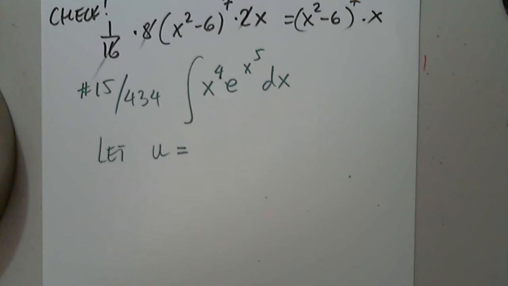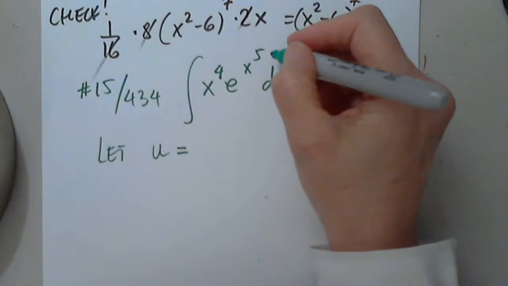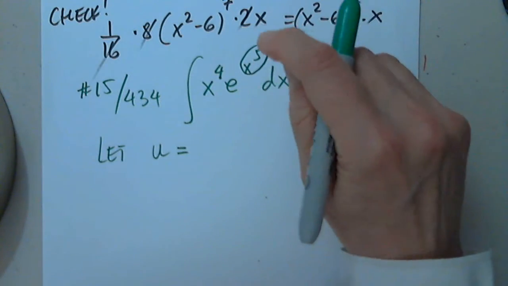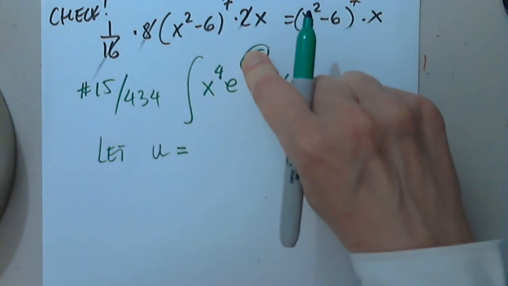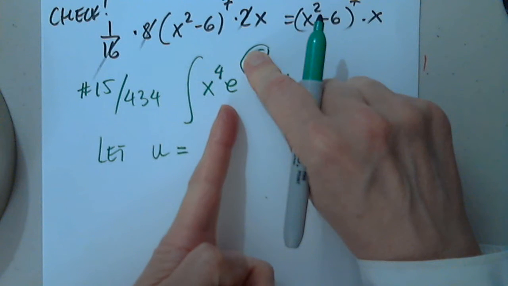Look at the product and say, I think this or that. e to the x to the 5th. Absolutely. Thank you. This bothers me because it's the power of another function.